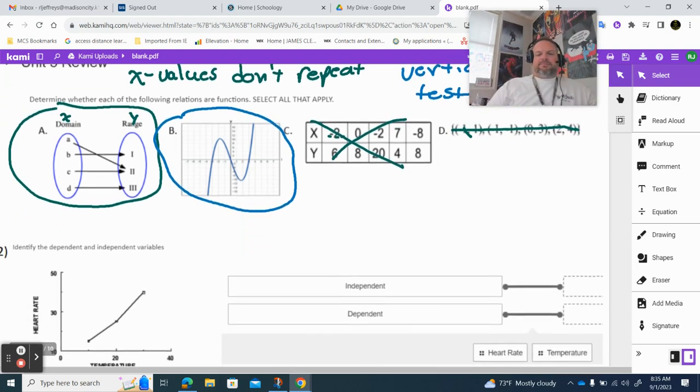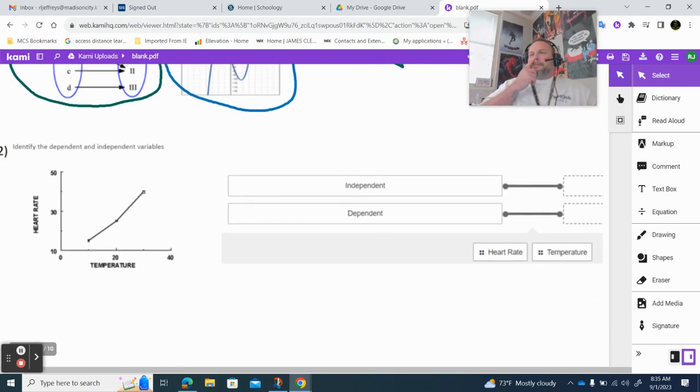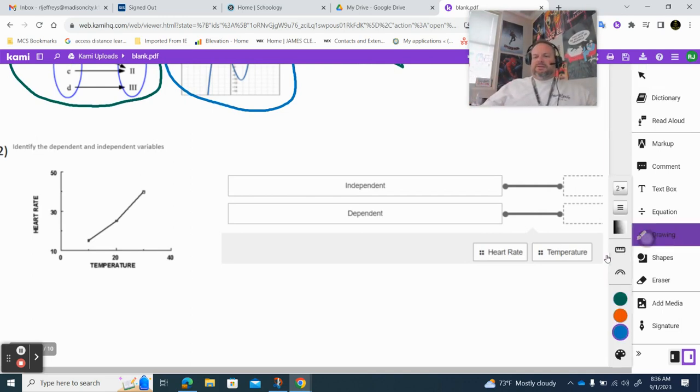All right, now I don't think we covered this directly, but let me tell you this: the independent is always your x-axis. Temperature always happens. Time always happens. It's independent. So our independent would be temperature.